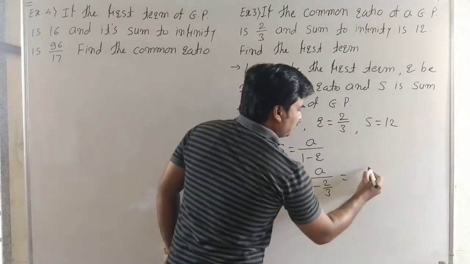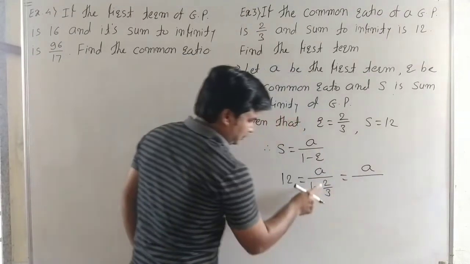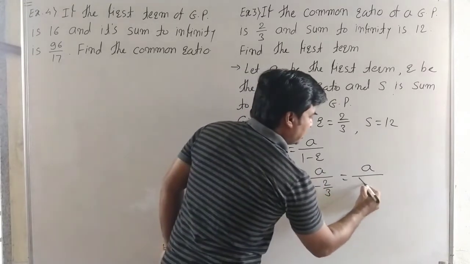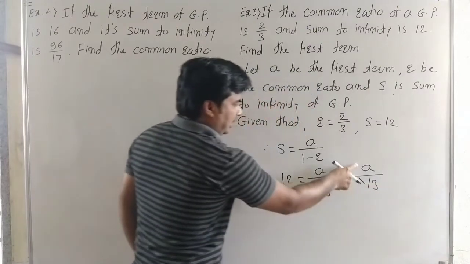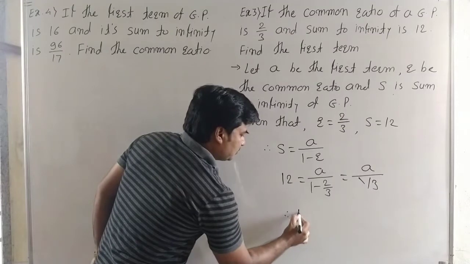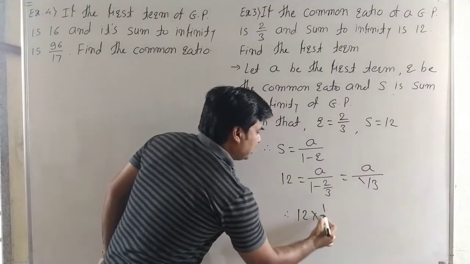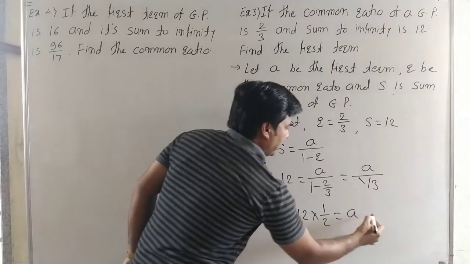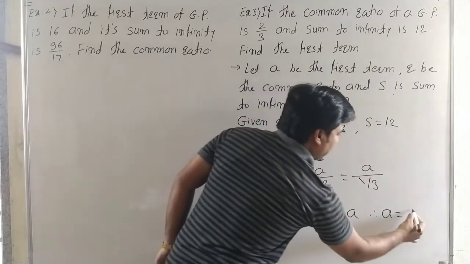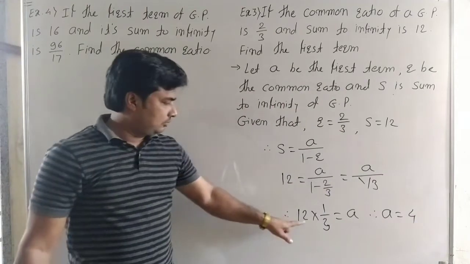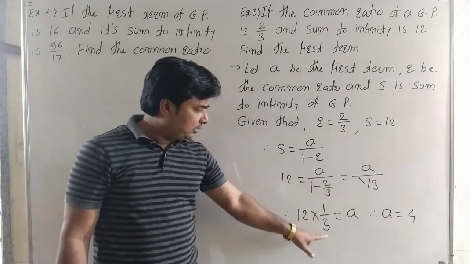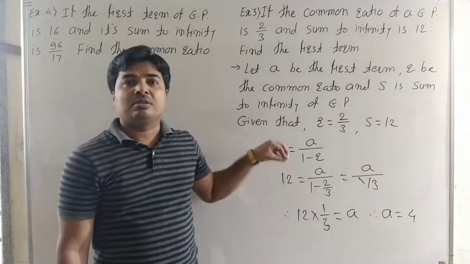Calculate this carefully: 3 minus 2 is 1, so we can write 1 by 3. 12 is equal to a upon 1 by 3, therefore 12 into 1 by 3 is equal to a. 12 into 1 by 3 is 4, that means the first term a is 4.